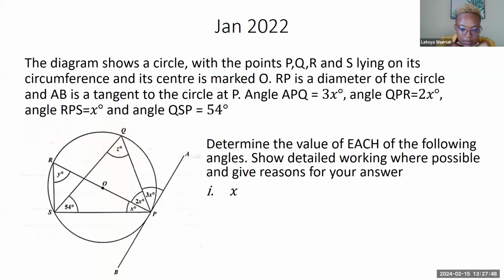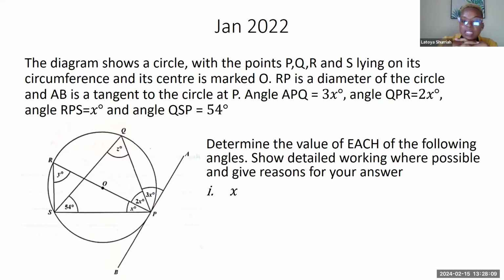Because there is a tangent right where the 3x is, and the 54 is located in the alternate segment. Yes, sweetie. Love that. Wonderful. That's one way.